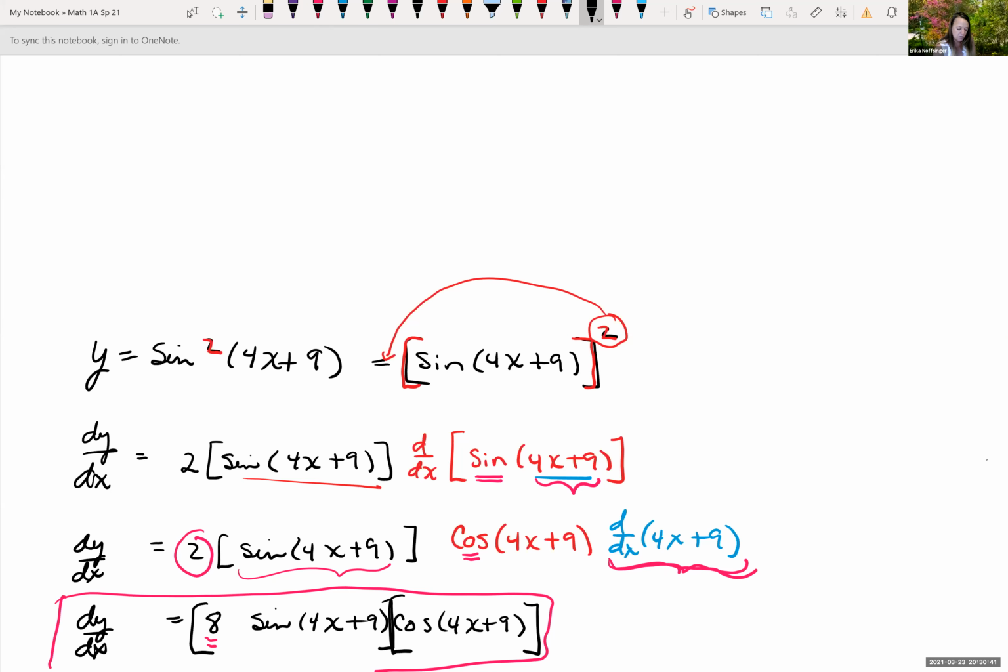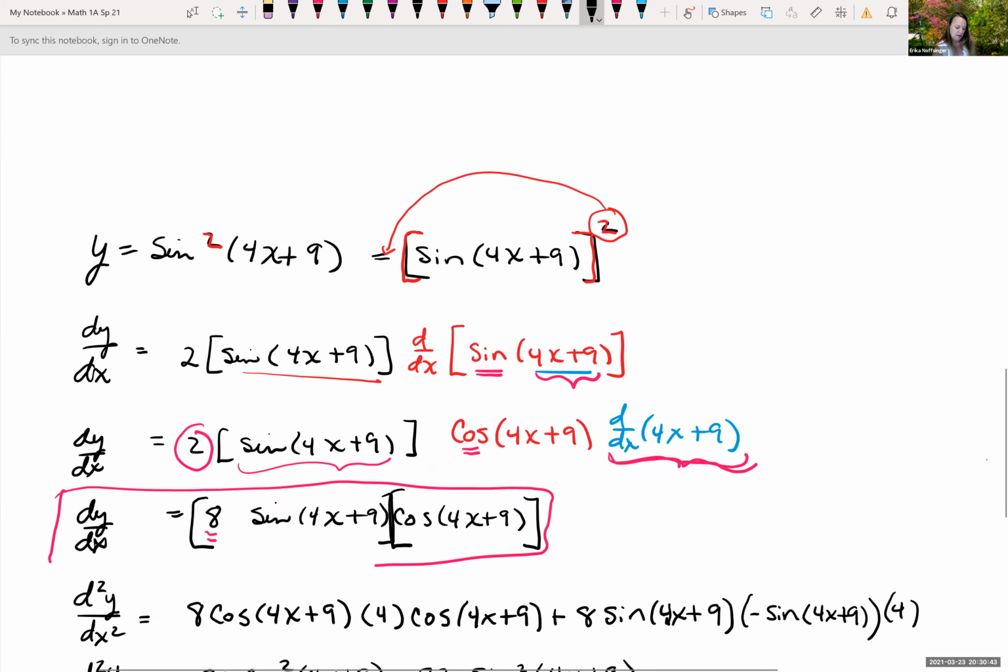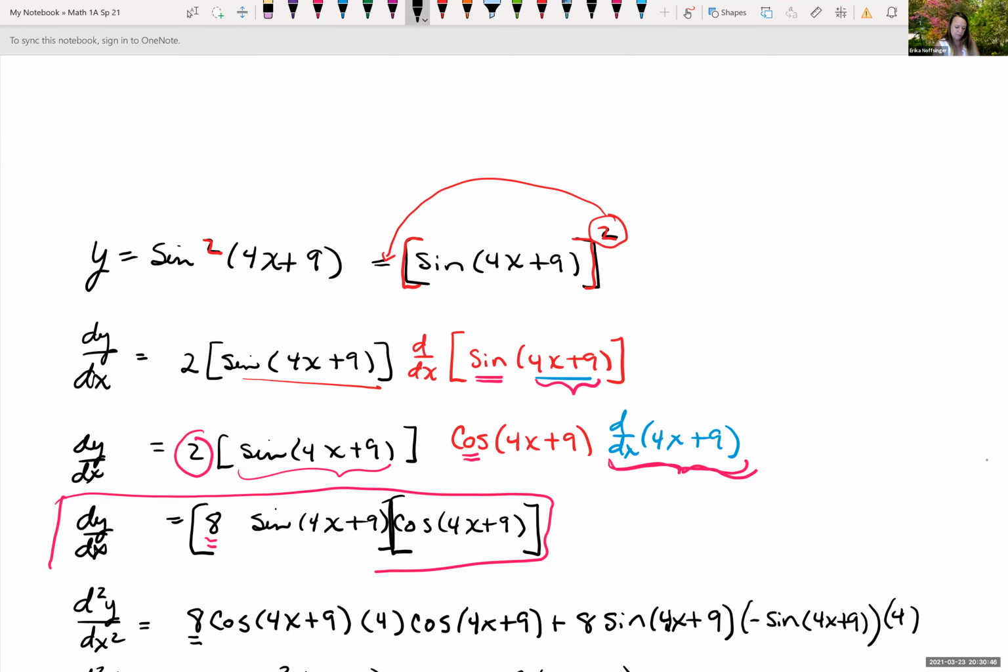So using the product rule, 8 stays alone. The derivative of sine of 4x plus 9 was the cosine of 4x plus 9 times the derivative of the inside, which is 4, times the second, which is the cosine of 4x plus 9, plus the first function, which was 8 sine of 4x plus 9, times the derivative of the second.